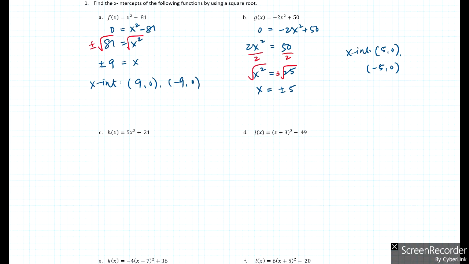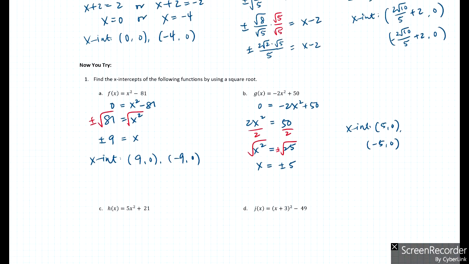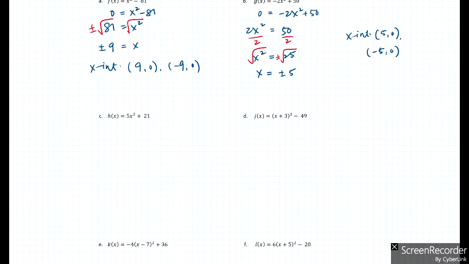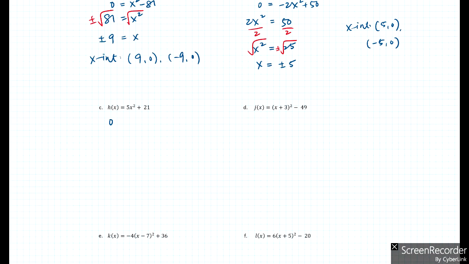Part C is really very similar to what we did in part B, as we have the same structure. So we get 0 is equal to 5x squared plus 21. Now to isolate the constant, I would have 5x squared is equal to negative 21. And if you didn't recognize it in the first step, I hope you recognize it now.